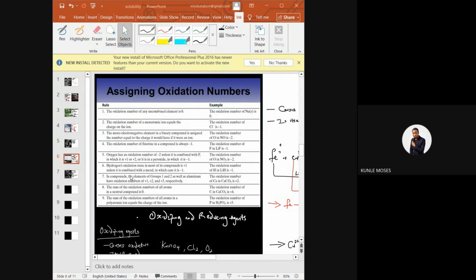So what's an example of a metal we can use? Let's use calcium hydride, CaH2, or let's use sodium hydride, so that one will not confuse you. Can somebody calculate the oxidation number of hydrogen in sodium hydride, NaH?